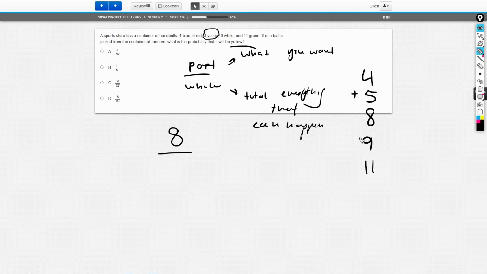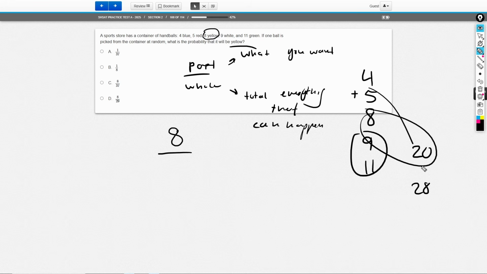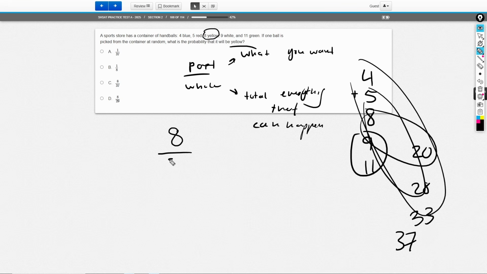So I have to find the total. So 9 plus 11 is 20. 20 plus 8 is 28. 28 plus 5 is 33. And is it 33? Tell me, guys. Yeah, it is. Okay. And 4 plus 33 is 37. So this turns into 8 over 37, which is choice C in this case. That's the probability that it will be yellow.